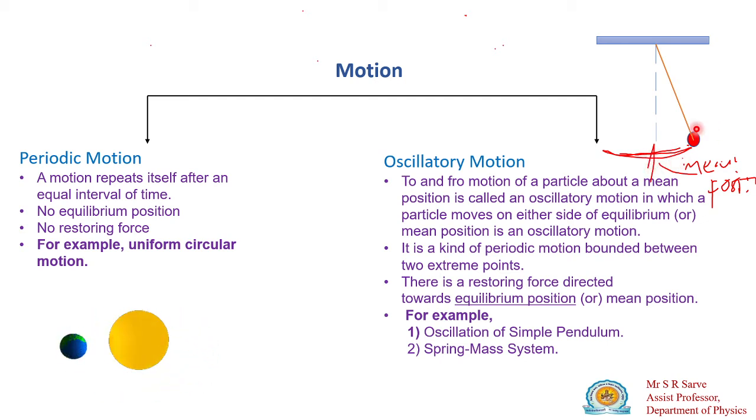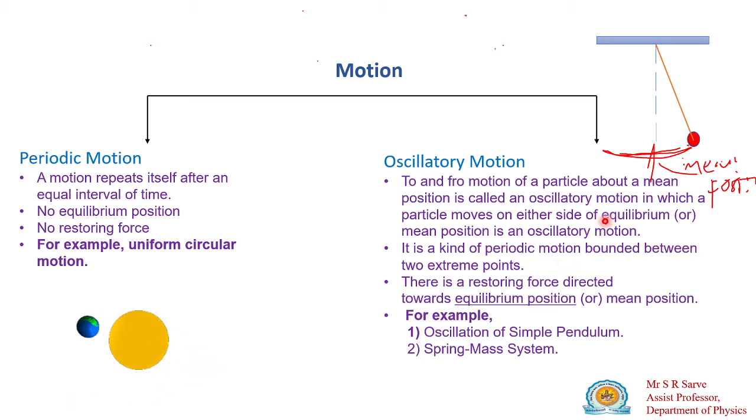If a pendulum bob is attached to a rigid support by a massless string, then this bob will perform oscillation. Here the amplitude of oscillation must be very small, so it is nearly linear. If this bob is performing such a kind of motion about a mean position, then it is known as oscillatory motion.